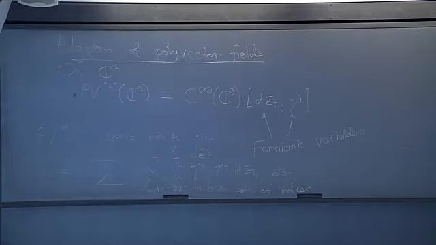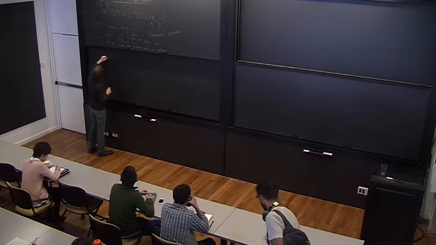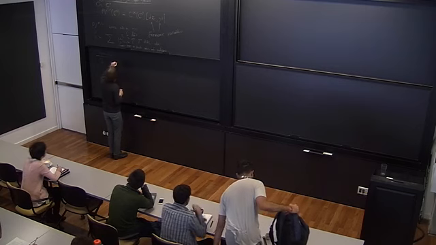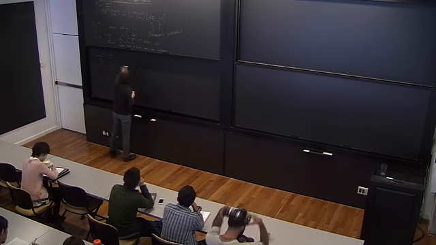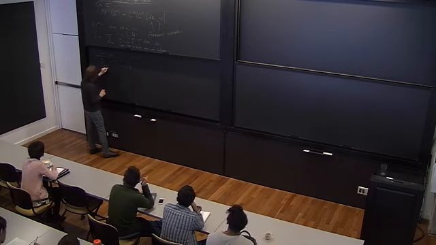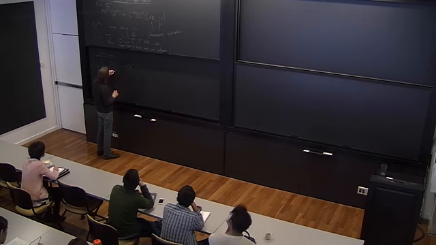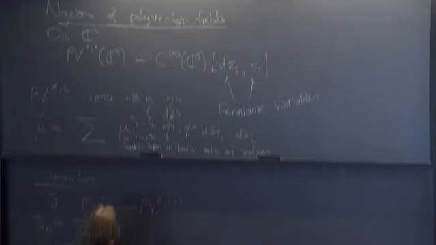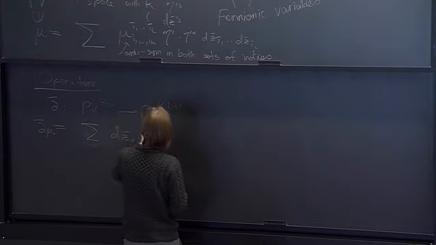So there are some operators we like to write down in this space. D bar, which goes from PV^{K,L} to PV^{K,L+1}, is defined by the formula: D bar of mu is the sum of dz bar^I wedge ∂ mu/∂z bar^I.